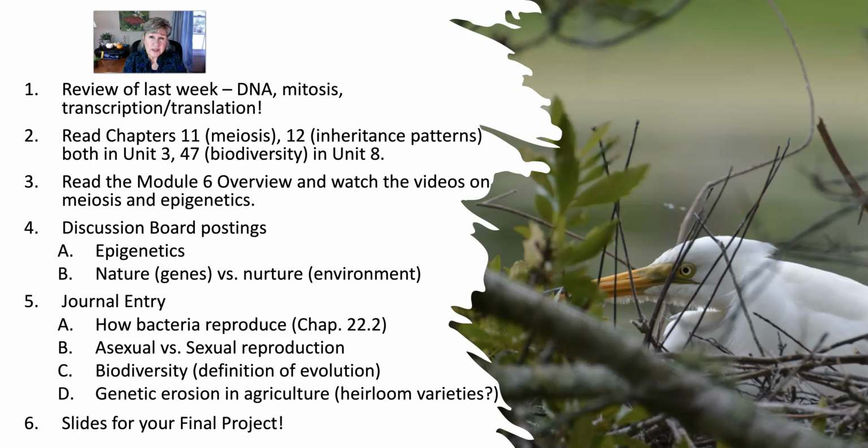So biodiversity means diversity of some type of living unit, whether it's down on the gene level or organisms or species, etc. Read the Module 6 overview and watch the videos. You're going to need the video on epigenetics when you get to the discussion board posting. So make sure you watch that very interesting video on epigenetics.